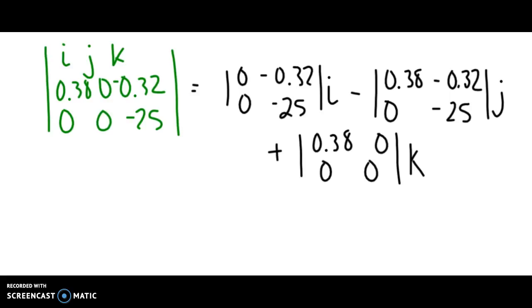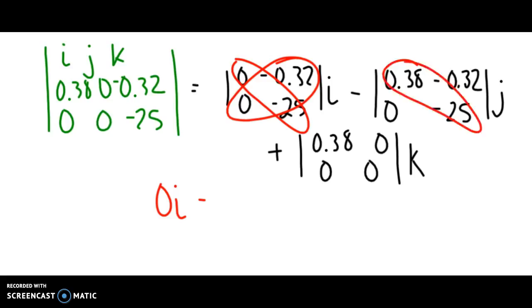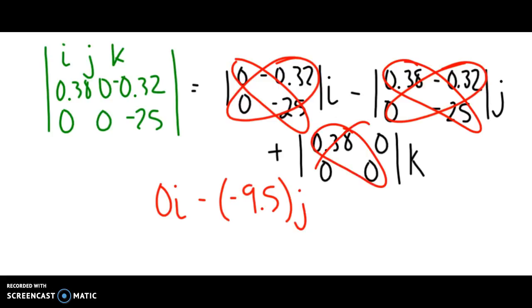So remember, I found the determinants of each one. 0 times negative 25 is 0, minus 0 times anything is 0, so we get 0 minus 0i, so it's just going to be 0i, minus 0.38 times negative 25 is going to be negative 9.5, and then 0 right there, so that's negative 9.5j, and then 0 times 0.38 minus 0 times 0 is just 0.